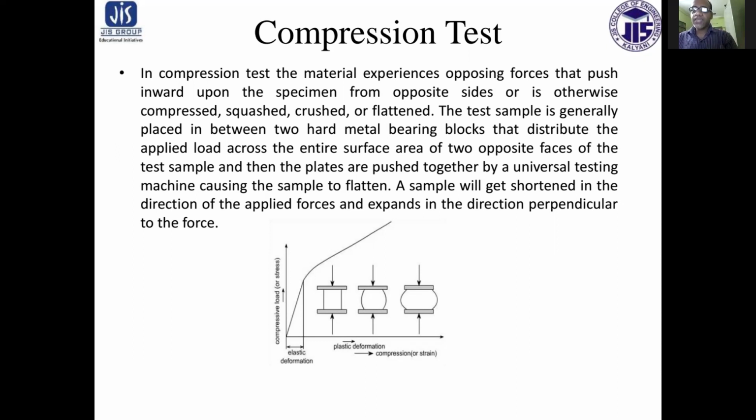The test sample is generally placed between two hard metal bearing blocks that distribute the applied load across the entire surface area of two opposite faces of the test sample, and then the plates are pushed together by a universal testing machine, causing the sample to flatten. A sample will get shortened in the direction of the applied forces and expand in the direction perpendicular to the forces.